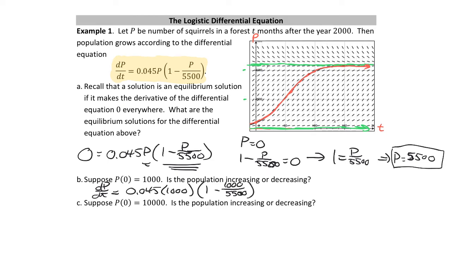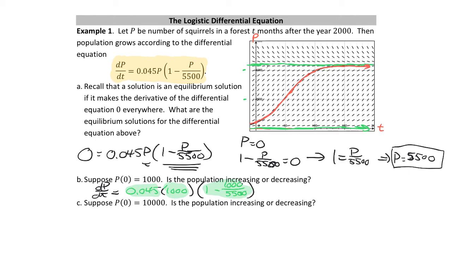Now we don't have to calculate this, let's just analyze it. 0.045 is a positive value. 1,000 is positive. How about this last factor? Well, 1,000 divided by 5,500 is less than 1. 1 minus a number less than 1 will also be positive.